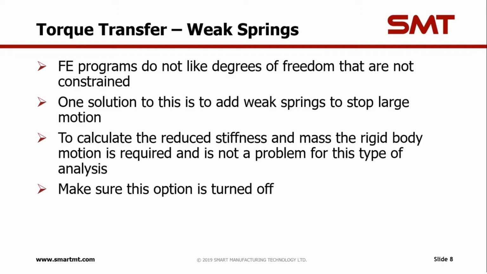But that's not appropriate if you want rigid body motion to be in there, which we do for replacing a shaft or a gear blank. So when we're calculating the reduced stiffness and mass, we don't want to include these. You should make sure you turn this option off. Where that option is, and its default, depends on the FE program. So it's one other thing you should check if you do have a problem.